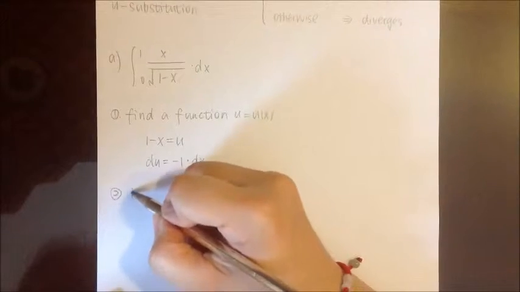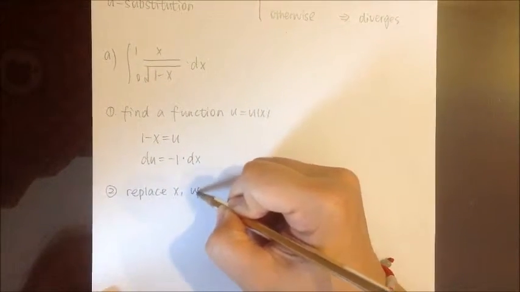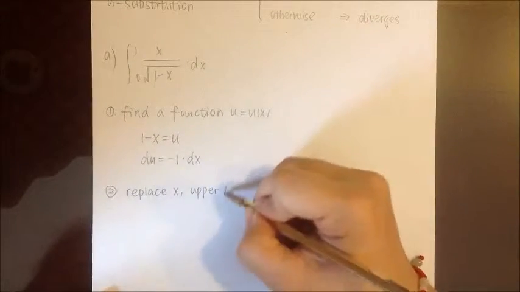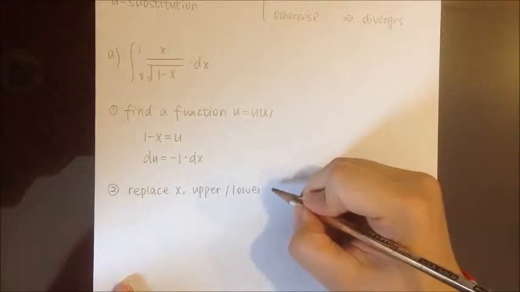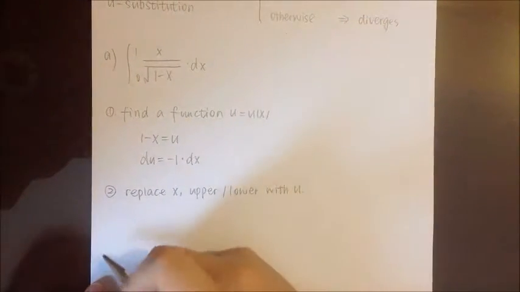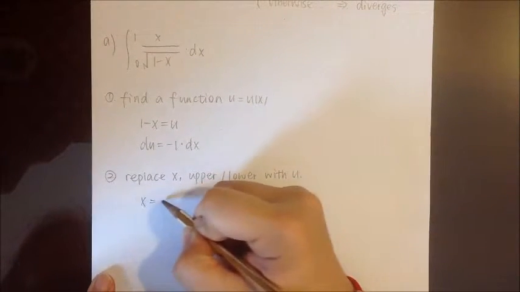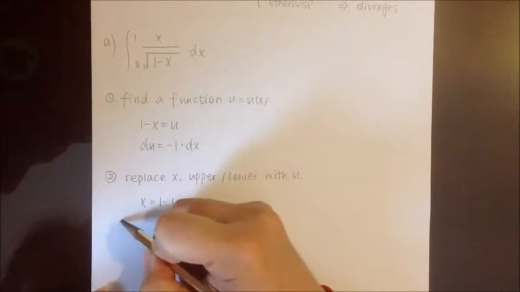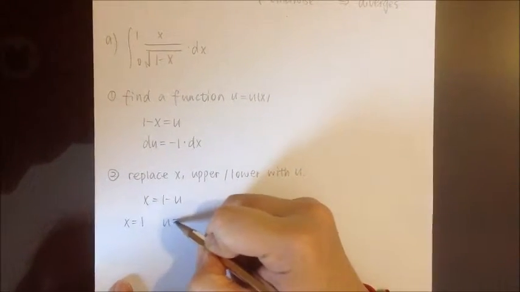Second, we should replace all the x, upper boundary, and the lower boundary in the original integral with u. Since u equals to 1 minus x, x equals to 1 minus u. And for x equals to 1 as the upper boundary, u equals to 0.